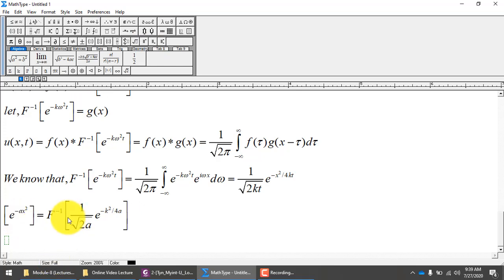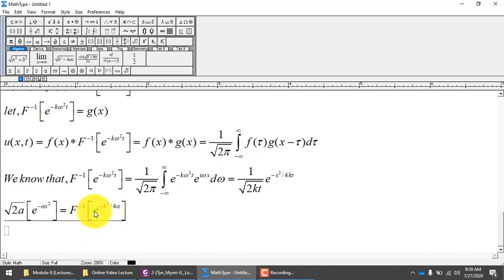Now the Fourier inverse of this type of function is actually e to power minus k square over 4a. If you remember, a scalar is not part of the Fourier inverse or Fourier transform. So you can take 1 over square root 2a to the right hand side, but then it becomes only the numerator. So this is also an equivalent form of the formula.